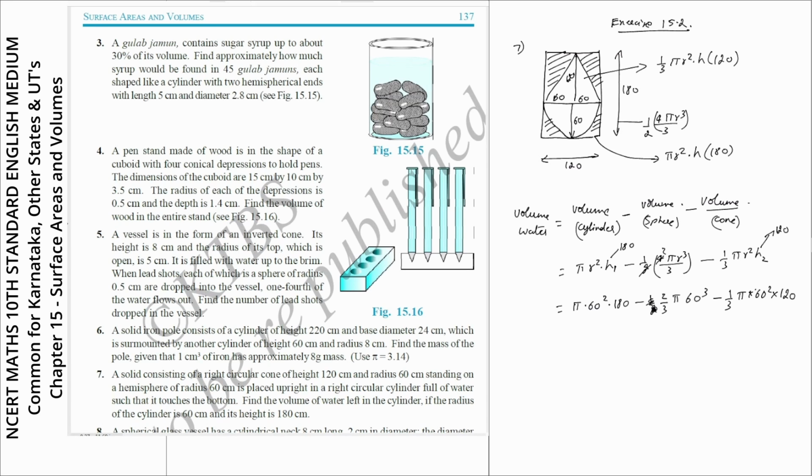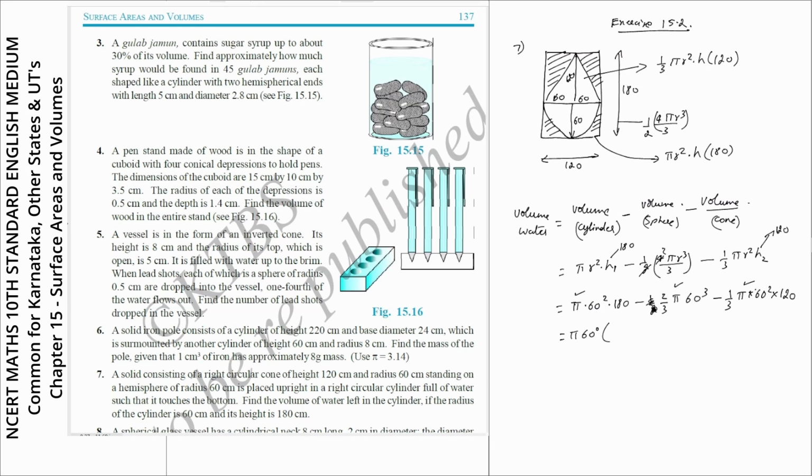Now can I take anything common here? I can take pi common, and also I can take 60 square common. So pi into 60 square I will take common.